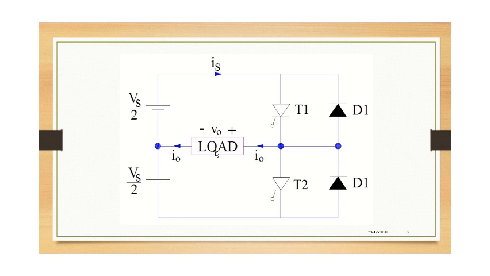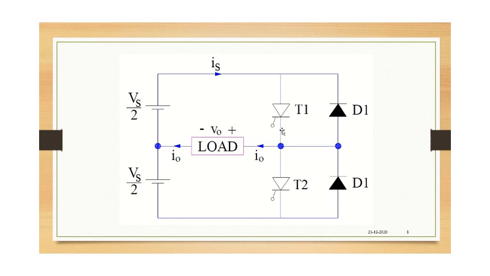So to understand the working, we can divide the circuit operation into two periods. In period 1, only the first switch, T1, is conducting for the time duration 0 to T by 2.